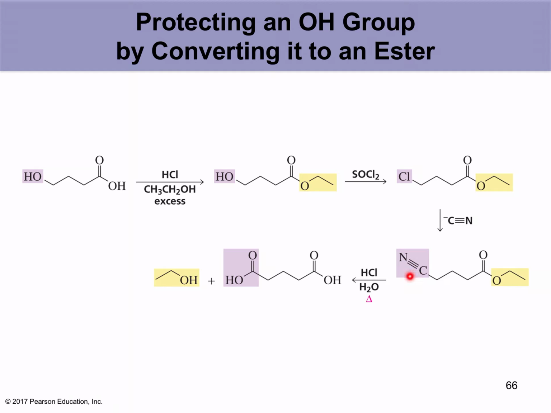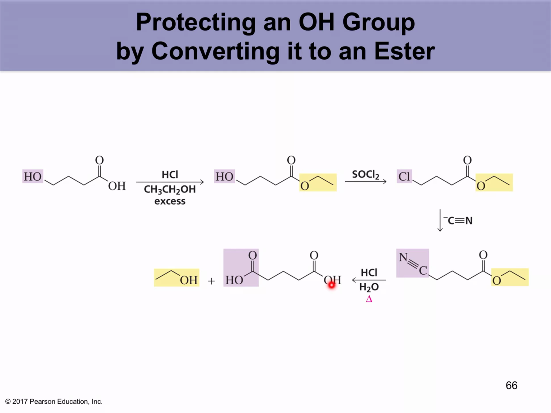But here we are going to convert this to acid by hydrolyzing the cyano group with acid and water. And during that acidification process, the ester group that we've been protecting here is also going to hydrolyze back to the acid. So you're going to get the two acidic groups back.